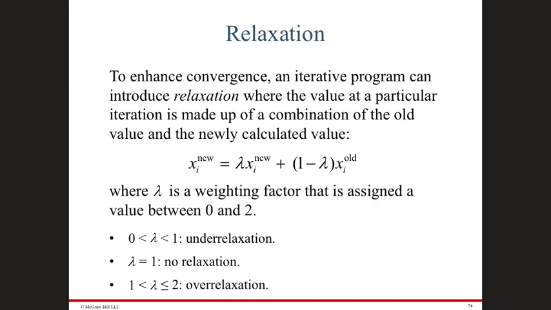So the way to do the relaxation is that you add a parameter called lambda. That parameter is typically between 0 and 1, which is called the under-relaxation case. I don't know if over-relaxation is desired in some other cases. But anyways, the parameter can take any values from 0 to 2.